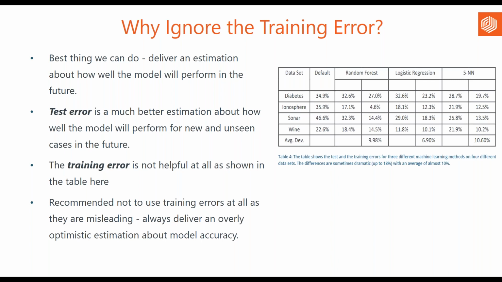Because it's already seen the data in its training phase, and you're giving the same data to validate the performance of the model. So it's obvious that it will perform the best, right?